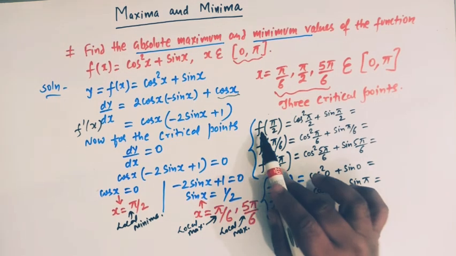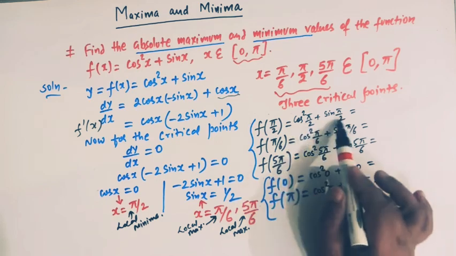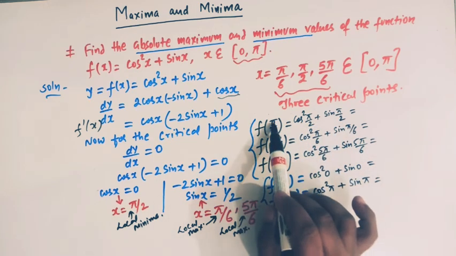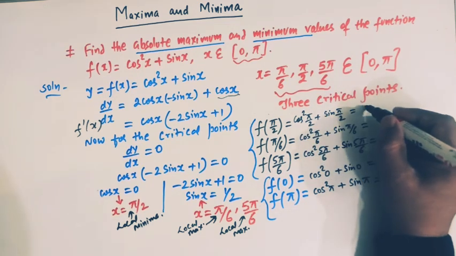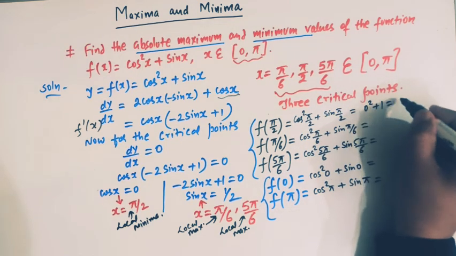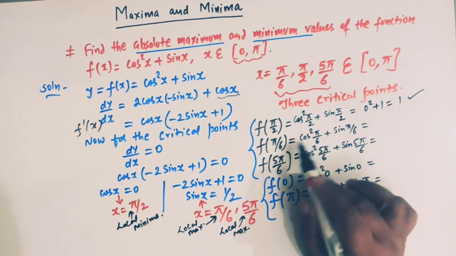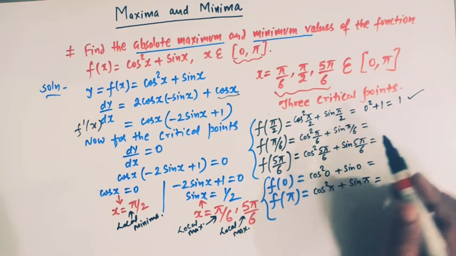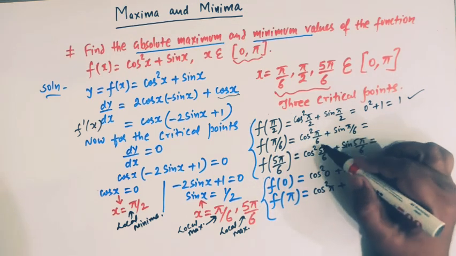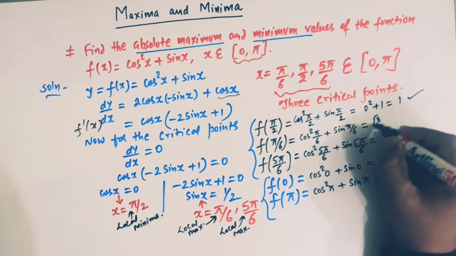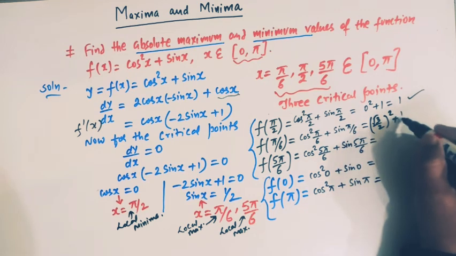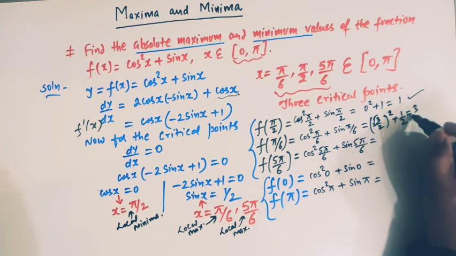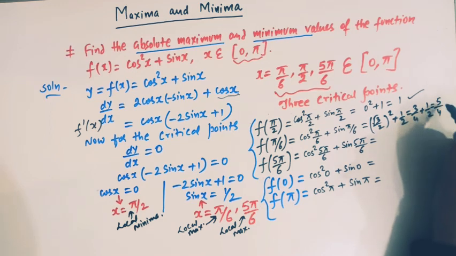So the value of f of pi by 2 is given by this expression by substituting x equal to pi by 2. So cos pi by 2 is 0, so this is 0 square plus 1, that is 1. And f of pi by 6 is cos square pi by 6, which is root 3 by 2 whole square, plus sine pi by 6 is half, so this is 3 by 4 plus half, that is 5 by 4, right?